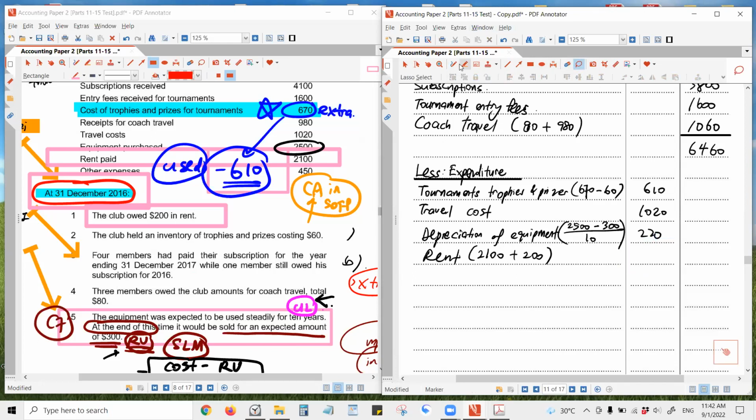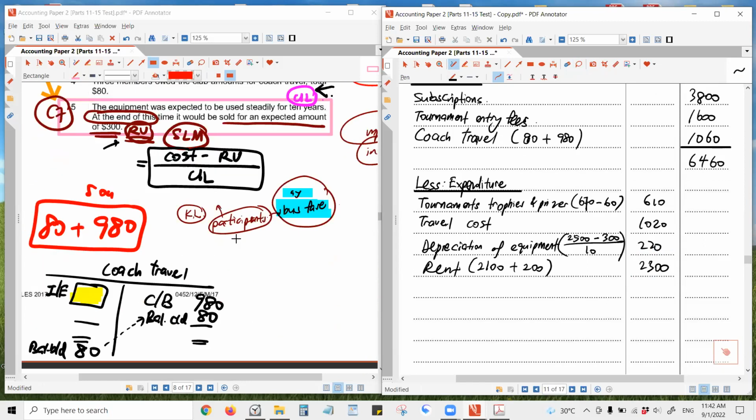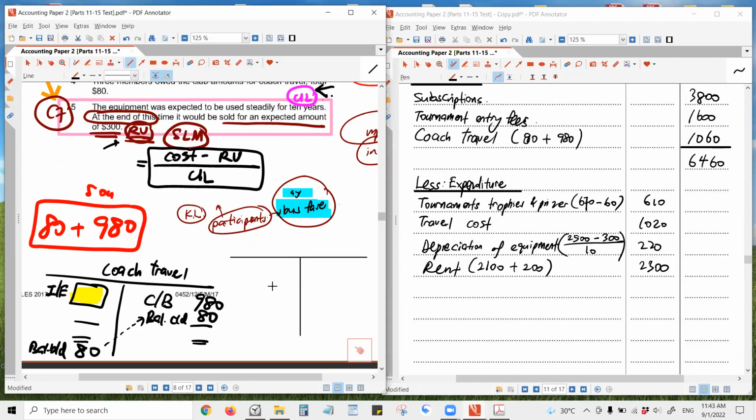You can also get this amount by doing a rent account. I show you. Just like what I did using the T account for the coach travel earlier. Remember, for the coach travel, I also got the amount using the T account. So rent: the amount you have actually paid is 2,100, credit cash or bank, then debit rent account.